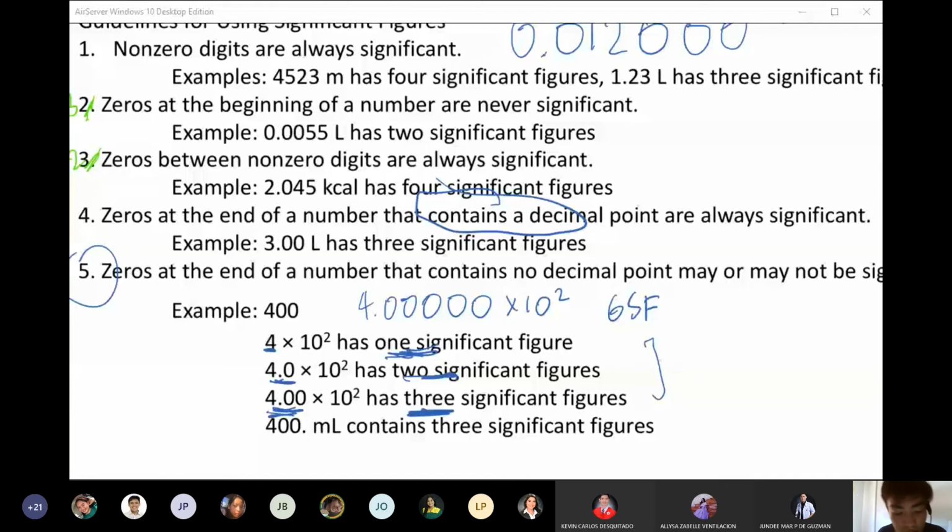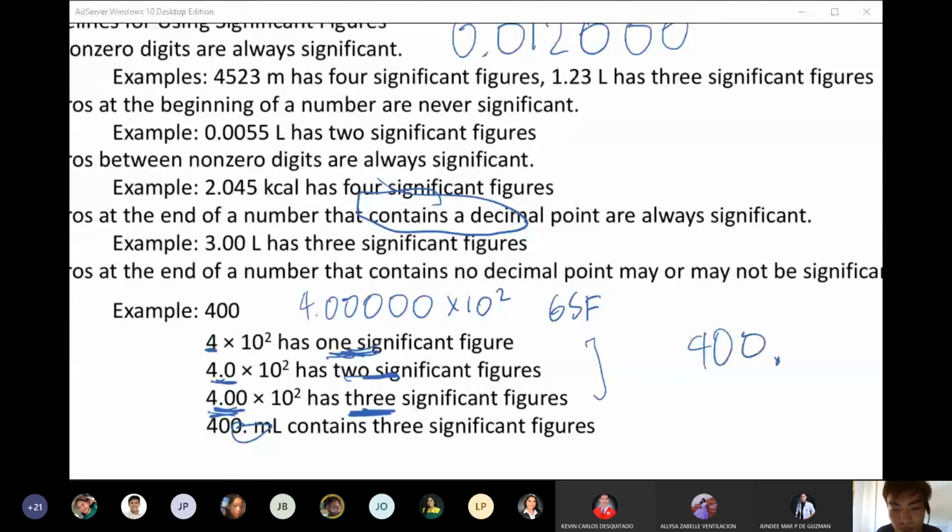Or the simplest way is just to add a decimal point at the end. Adding a decimal point at the end will make all those trailing zeros significant. So 400, ambiguous, place a dot, 3 significant figures. 5,000, that's ambiguous, place a dot, 4 significant figures.